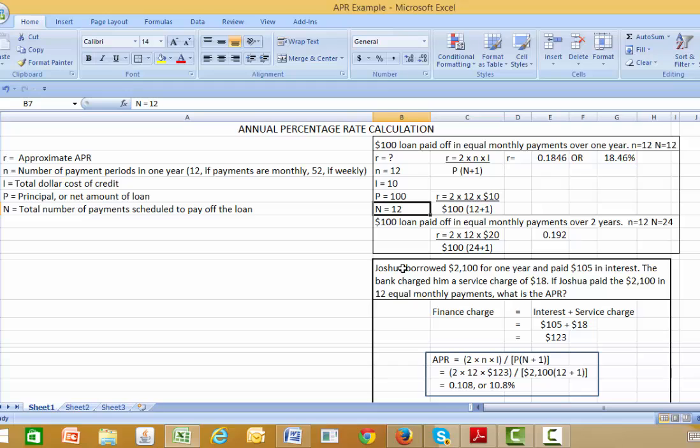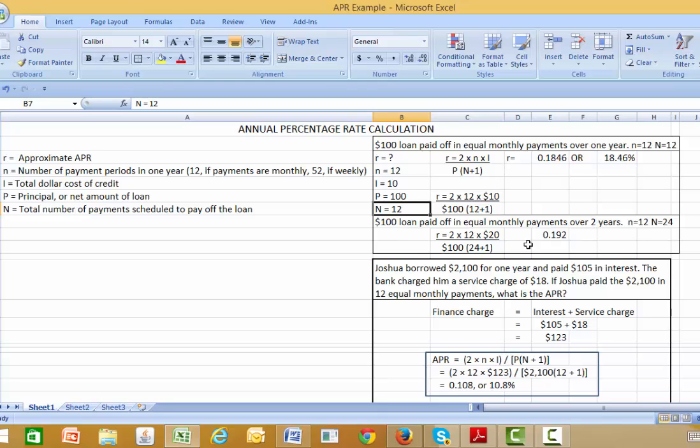Now, if we're talking about the same loan, but payments will be made over 2 years instead of 1 year, then small n, the minuscule n, will be 12, and capital N is 24. Okay, so R, the APR, is 2 times 12 times 20. Now, why is it 20? It is the simple interest of $100 times 10% times 2.